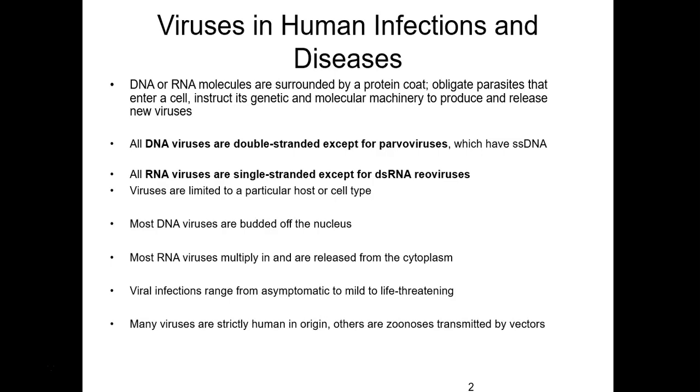Parvoviruses are the only member of the DNA virus family that has single-stranded DNA for their structure. The RNA viruses, on the other hand, are just about all single-stranded, except for a group known as the reoviruses, which are the only RNA member that is double-stranded in organization.